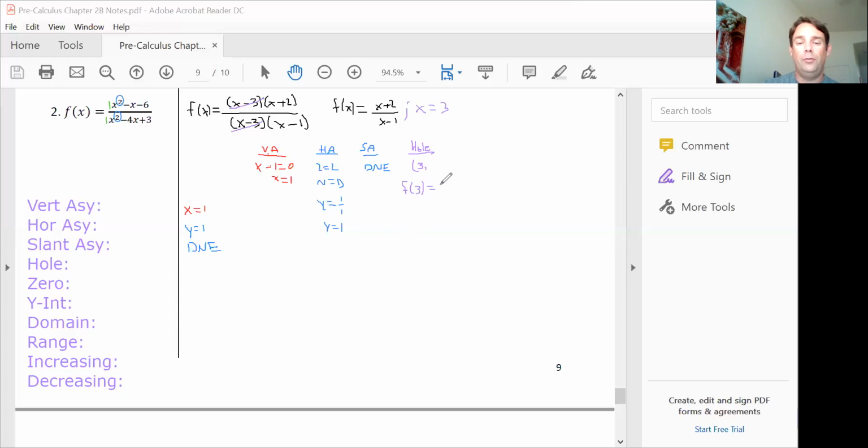So we have 3 plus 2 and 3 minus 1. So we end up with 5 halves. So my hole is going to exist at 3, 5 halves.